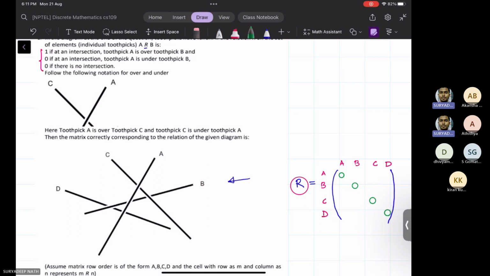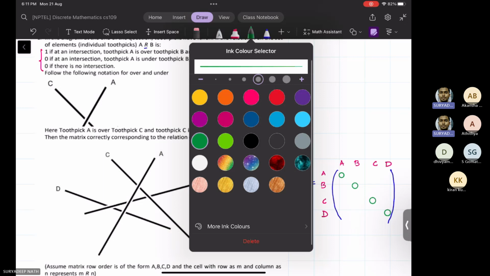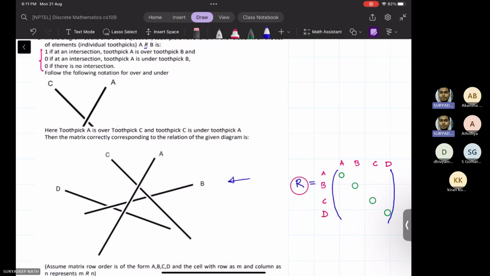Now come to the more non-trivial part of this question. What would be the relation between A and B? Can anyone take a look at the figure and tell? It's 1, right?